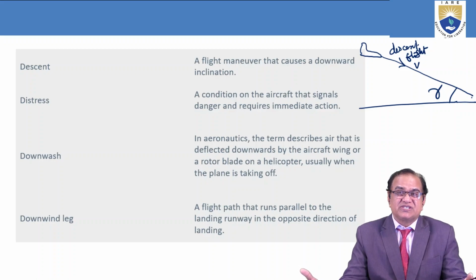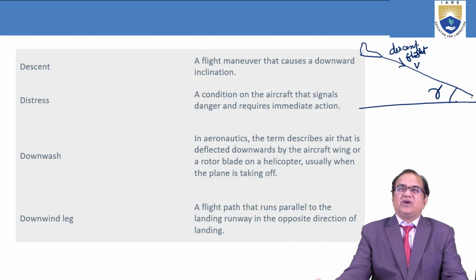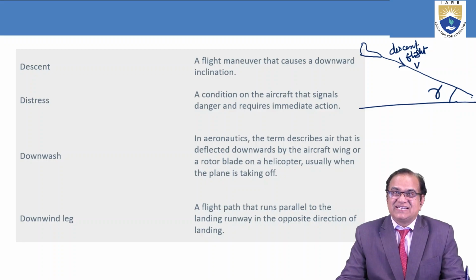An aircraft may be in distress for a number of reasons: some technical error, some human error, or natural calamities. So it is a condition on the aircraft that signals danger and requires immediate action.